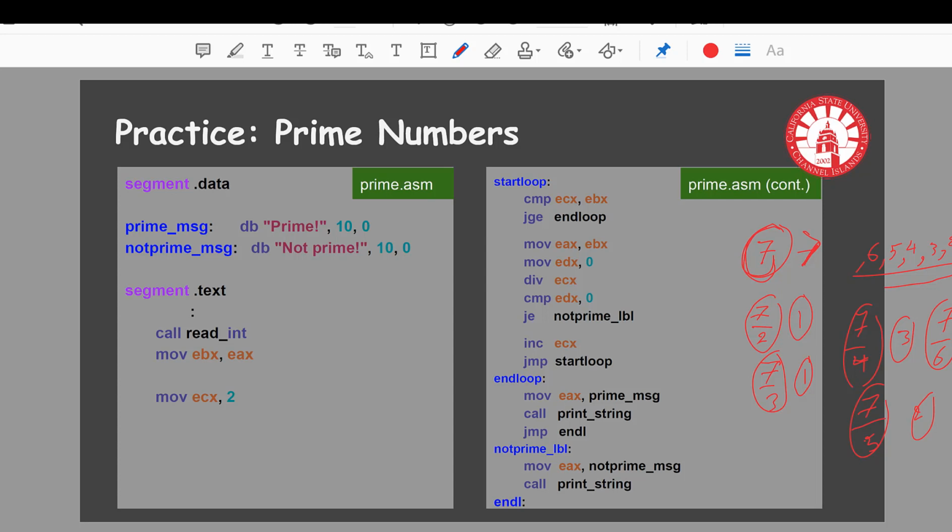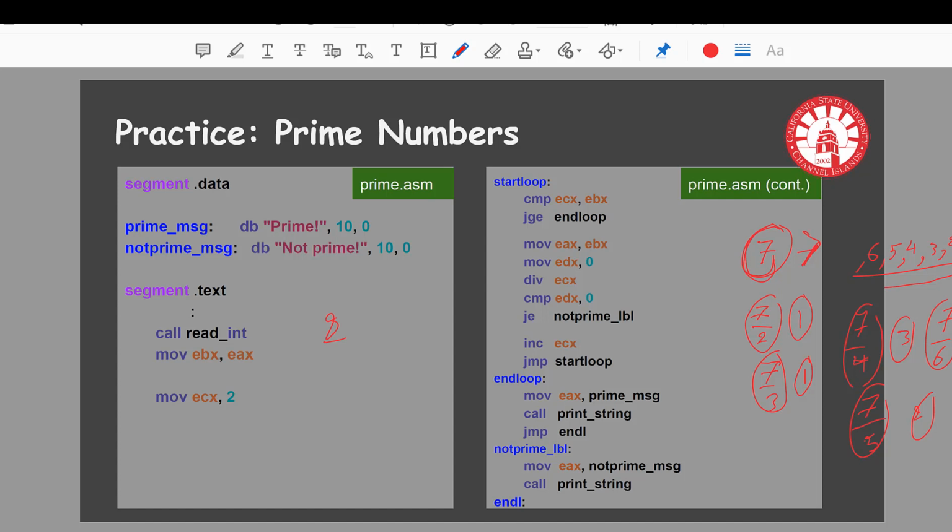our number is prime. If you take another example like 8, and we start dividing 8 by all numbers smaller than itself except 1 and see if the remainder is 0.